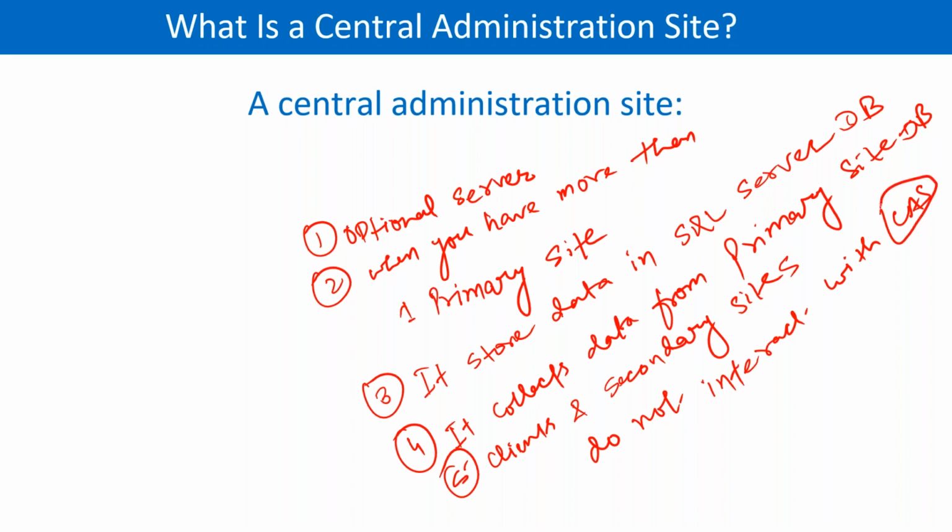It will always be talking to primary site. It won't be talking to client which is installed in the computers. For example, you have 10,000 computers. You need to install client in each computer, the small software. This is the SCCM client, which you have to install in thousands and thousands of machines. Understood? So they will not be talking to CAS, and secondary site will not be talking to CAS. Got it? Okay.